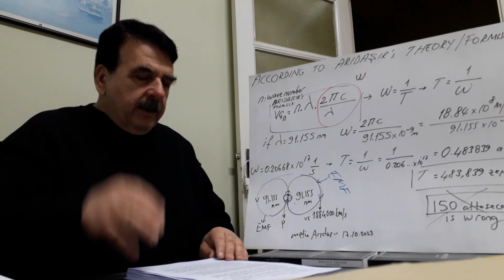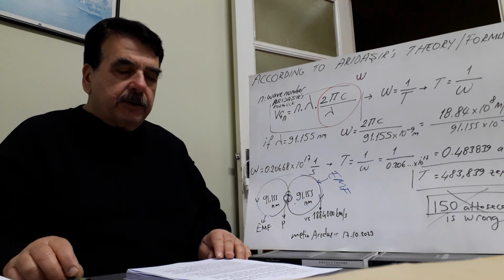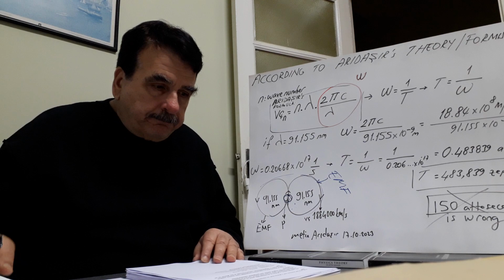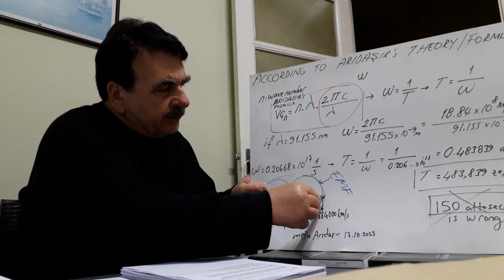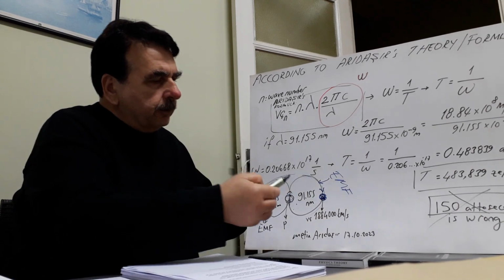3. If there is something revolving around the nucleus or proton of an atom, it is not electron but a photon. Say here, a photon.